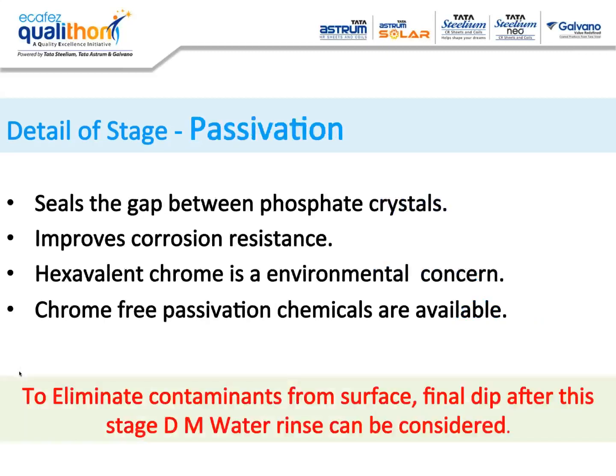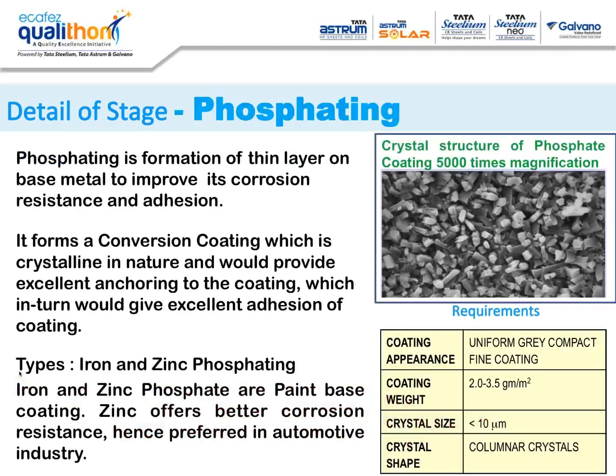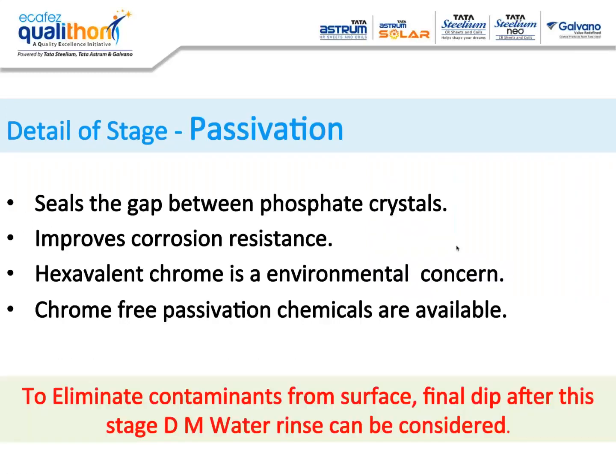Now details of stage, again the last one, passivation. Passivation, basically, if you have seen the earlier slide, you can see there are a lot of gaps which may be exposed to the base surface. Now these gaps are to be sealed with passivation.